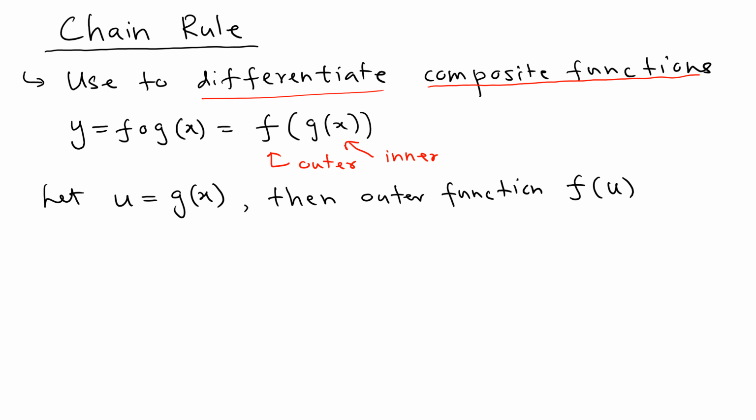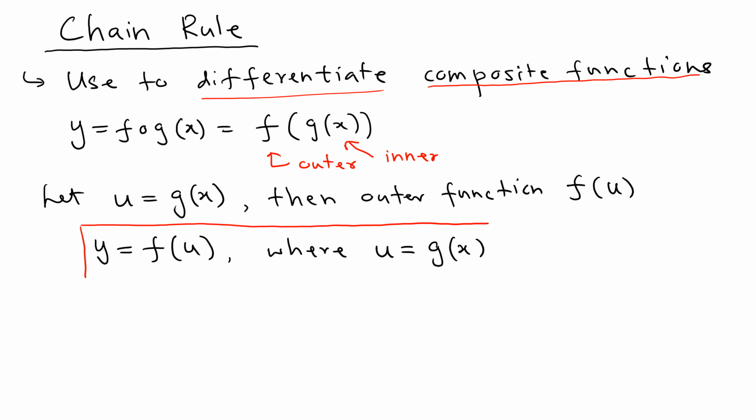If you replace g(x) by u, you can write the outer function as f(u). That's the first step. Then we can write y equal f(u). So you can rewrite the original function as a function of u, where u is the inner function, in this case g(x).